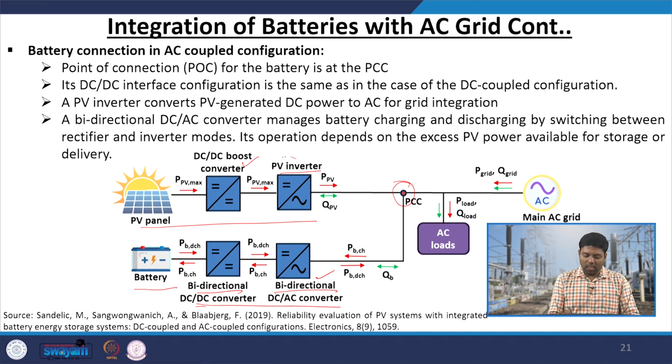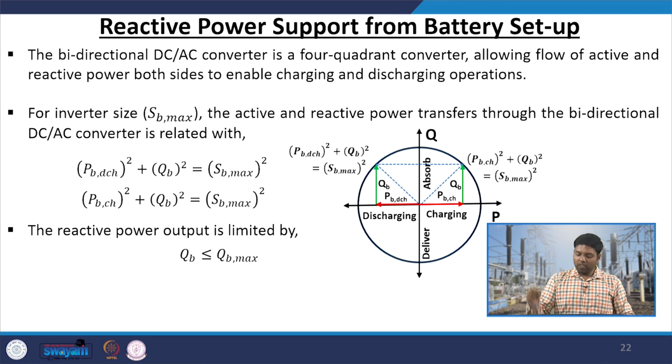The unidirectional inverter will only give active power supply, but it can regulate reactive power on both sides, whereas your battery inverters can manage active and reactive power on both sides. Previously, your solar inverter capability curve was operating in 2 quadrants.